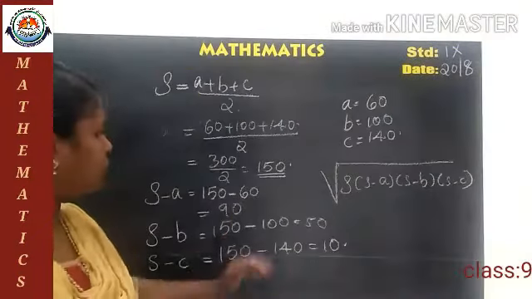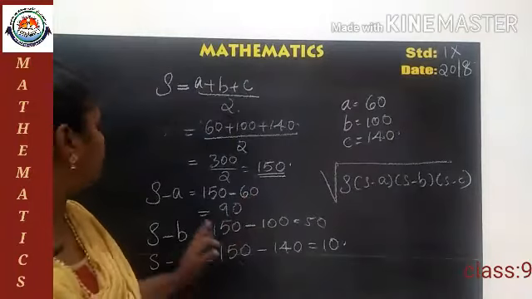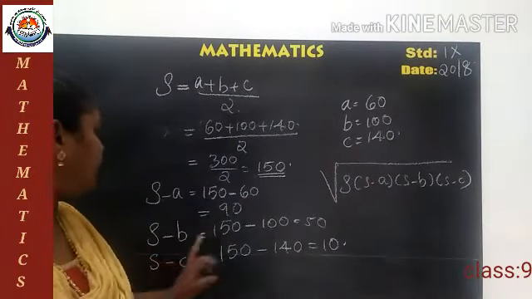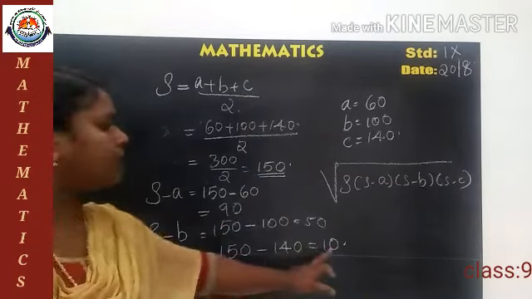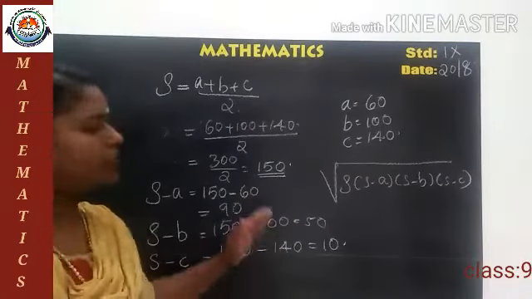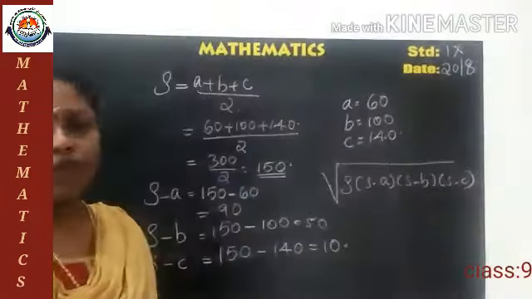We can substitute these values, that is s minus a is 90, s minus b is 50, s minus c is 10, in the formula.